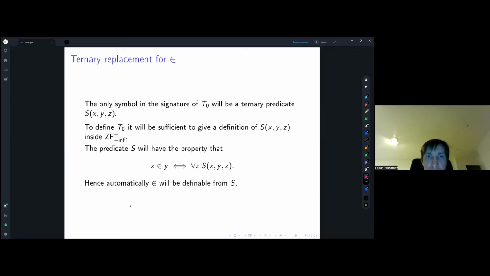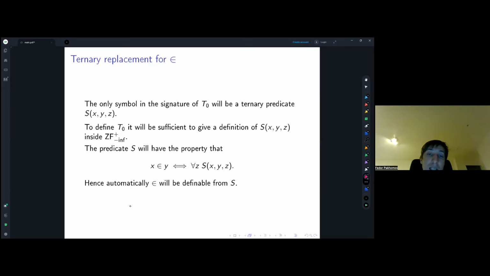So what exactly will we be doing? I already told you the only symbol in the signature of T0 will be a ternary predicate symbol S(x,y,z), and the way I will define T0 will not even be explicit. I will work inside the theory ZF minus inf and define a certain ternary relation S(x,y,z).